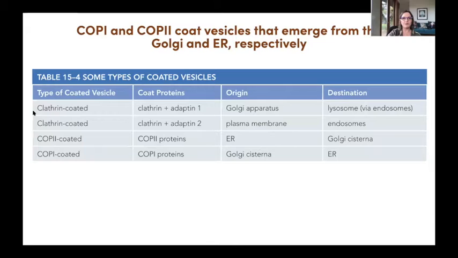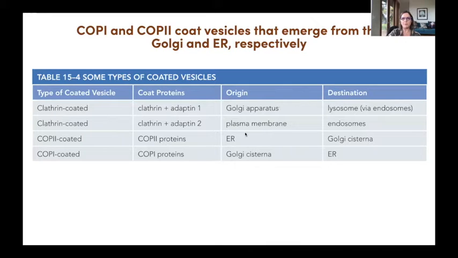Okay, so I've talked about clathrin. Again, if you've ever had Randy Schekman as an instructor, you've probably learned about other coat proteins, COPI and COPII, which coat other types of vesicles. The video showed budding of vesicles from the plasma membrane and targeting them to endosomes. Clathrin also coats vesicles that emerge from the Golgi apparatus and are targeted to the lysosome.